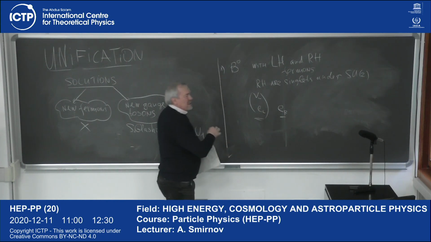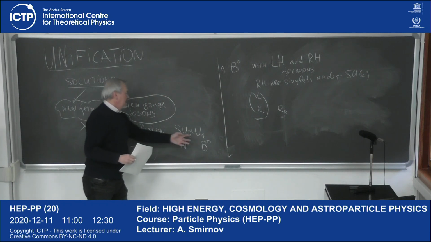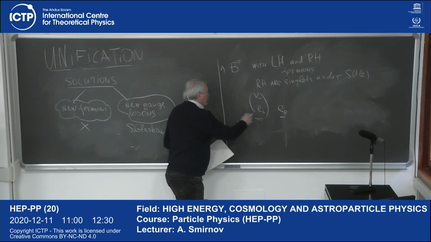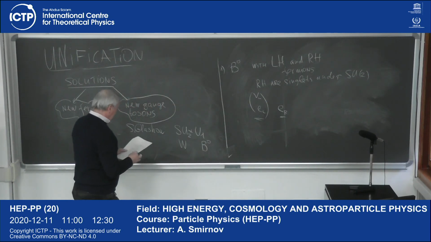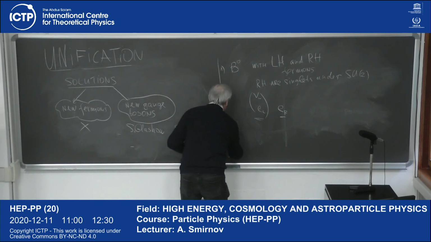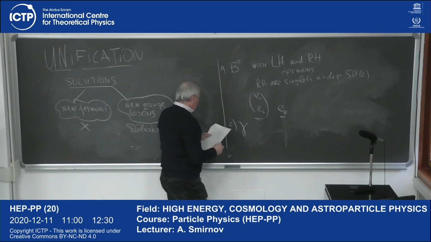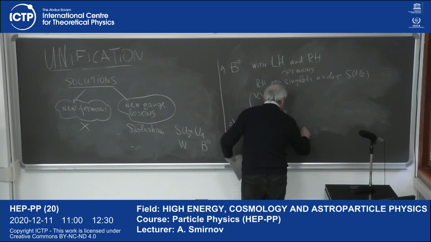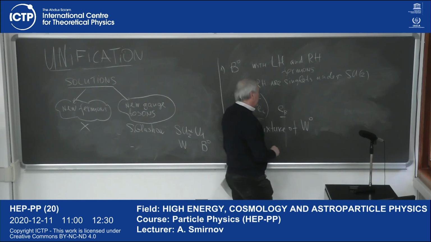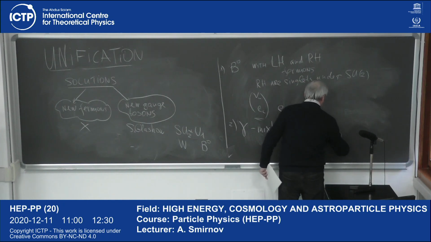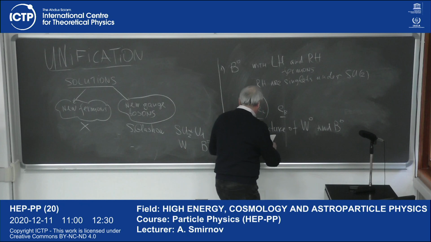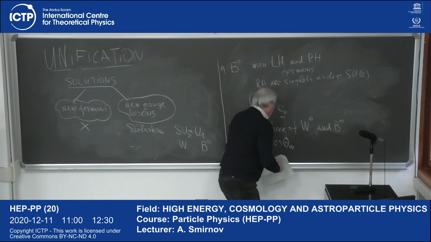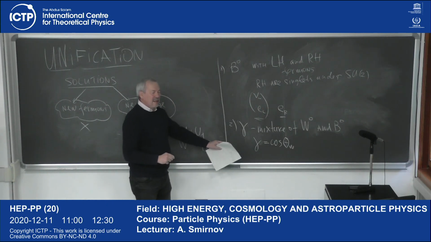Well, B0 can be in the first approximation like a photon, you know. So photon has this U1, but not completely, because B also should interact with doublets. Photon turns out to be a mixture of W0 from the triplet and B0. So gamma equals cosine theta W, and this is where the weak mixing angle appears.